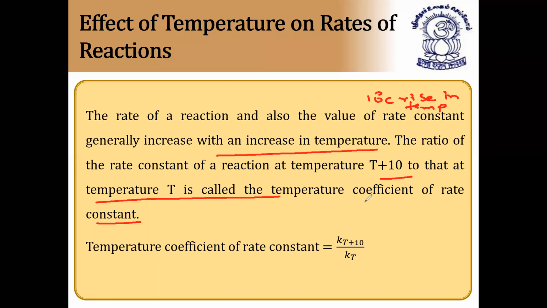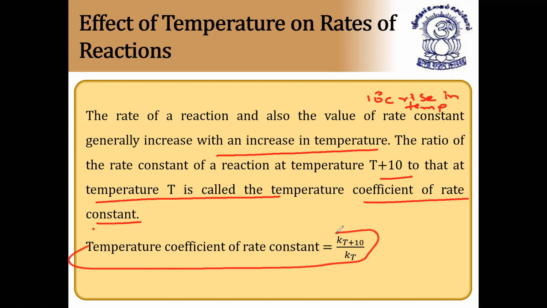This is called the temperature coefficient of rate constant, given by the formula K(T+10) by K(T). I hope it is clear.